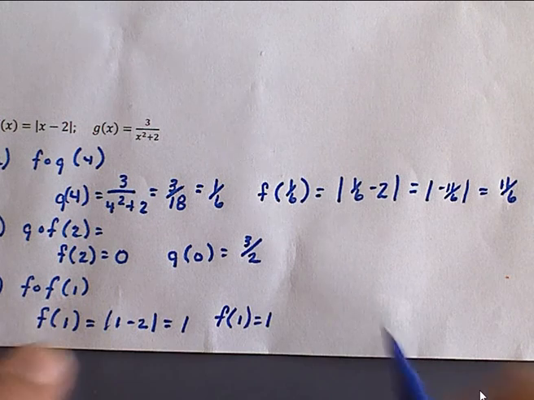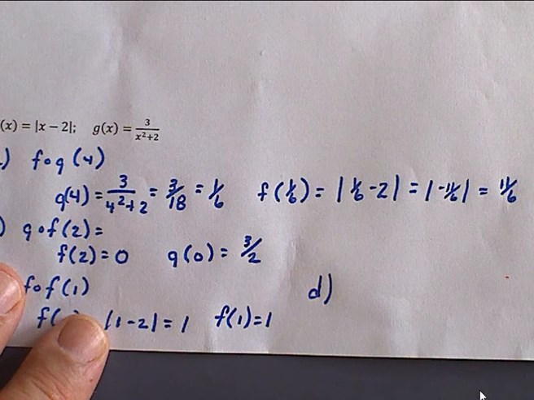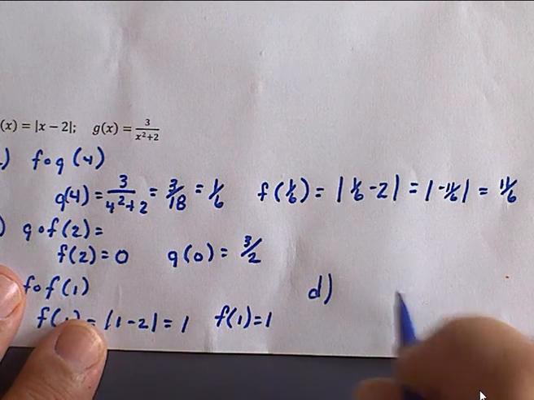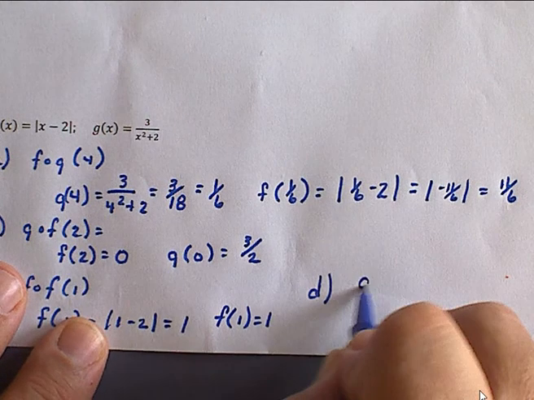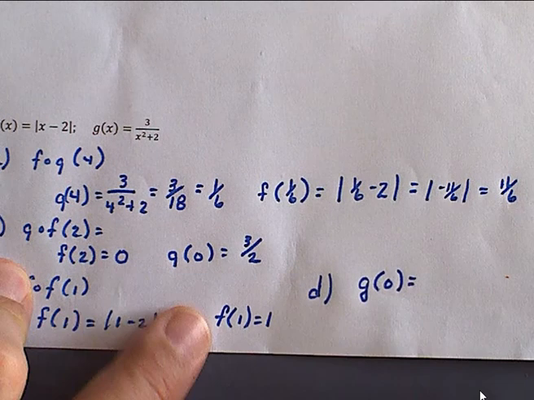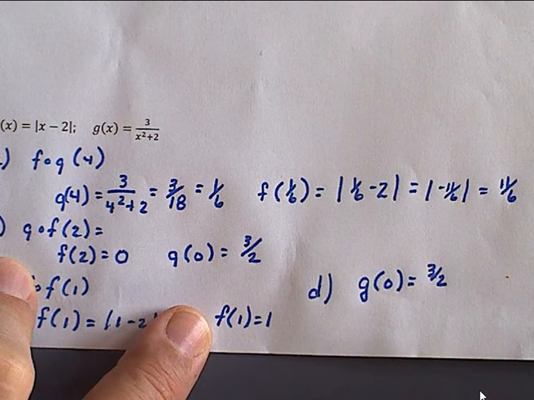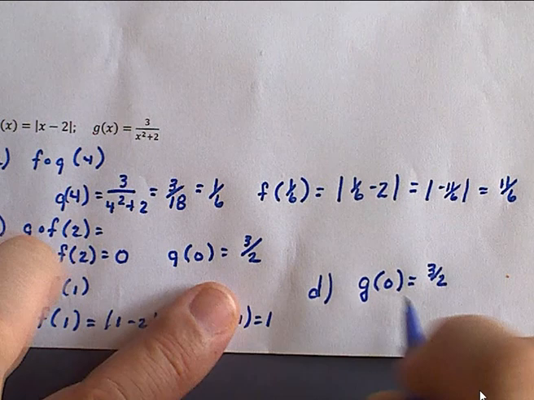And then on part D, G of 0, well, when you plug in the first G of 0, you get 3 halves. Okay, now plug in the 3 halves.